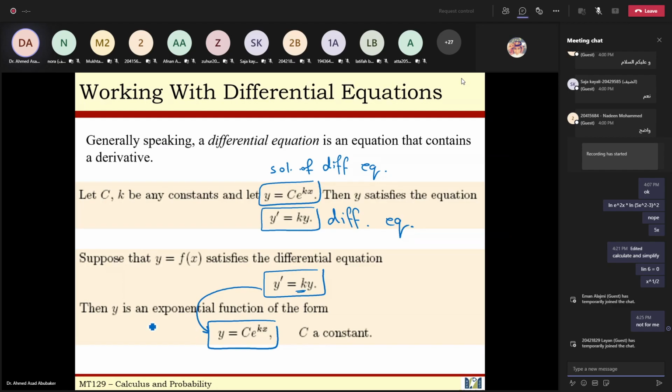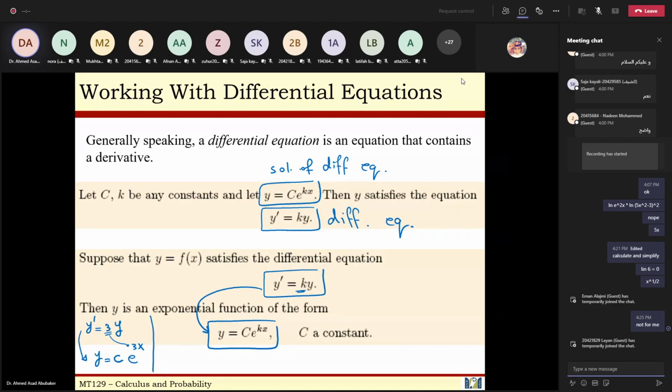Example, if we have the differential equation y prime equal 3y, the solution of this one is y equal c multiplied by e to the power kx. This k is 3, so 3x.